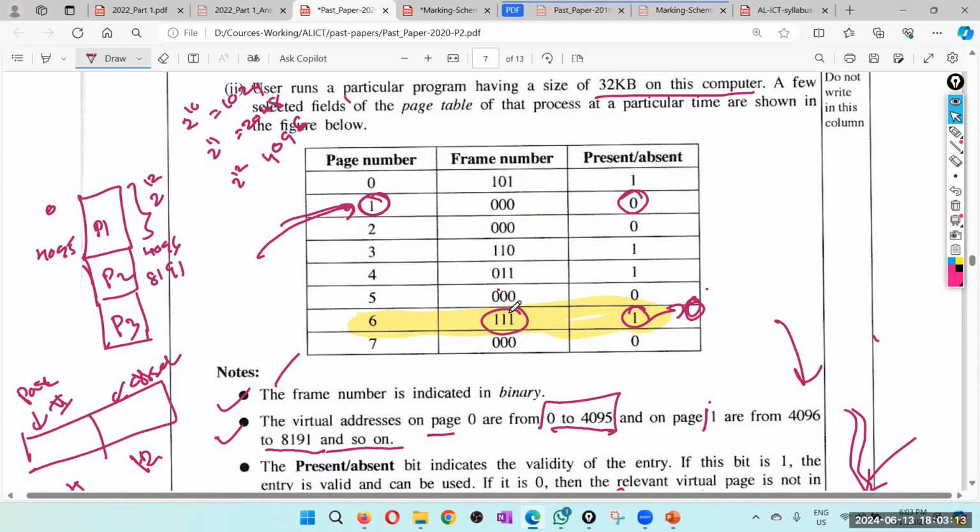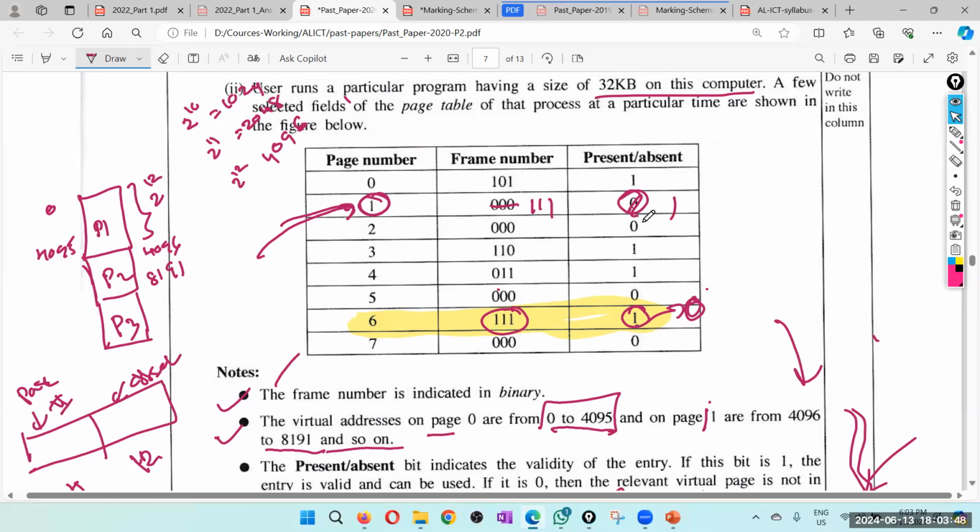So most probably this frame is now in the virtual memory, and this may have changed to 111, and this is changed to 1, because this frame number is now used by this particular page. The old one is put into the hard disk and the corresponding frame is taken to the memory. Because this changed from 1 to 0, I can assume that this has now changed to 111. So this happens first, then this, then this becomes 1. So that is one possibility.